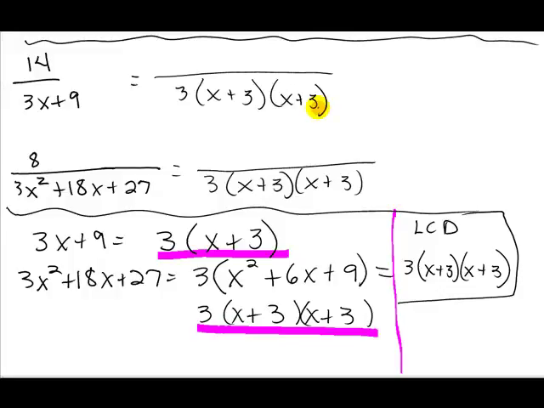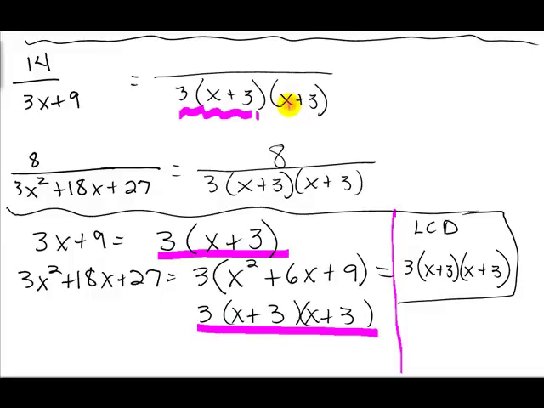Now notice that what we have here, what we factored here is our LCD. So if the bottoms don't change, neither does the top. Here, we've got this 3 times x plus 3. So we already have this inside. We've already got that. But we need this to go to all of this.